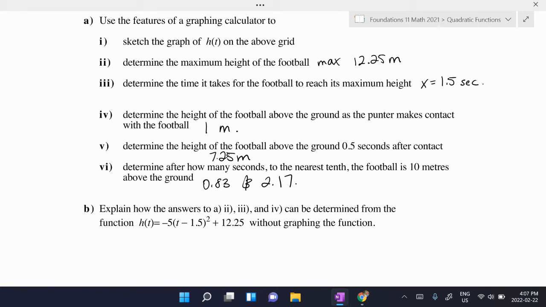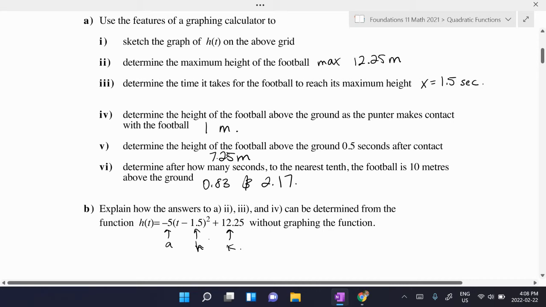Explain how the answers to 1, 2, 3, and 4 can be determined from the function. So this is your a, this is your h, this is your k, and h, k tells you your vertex.